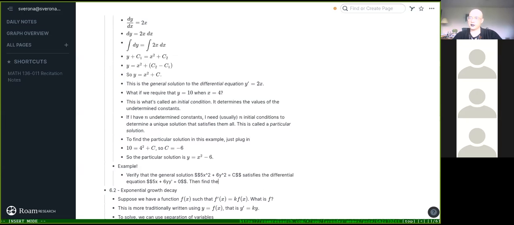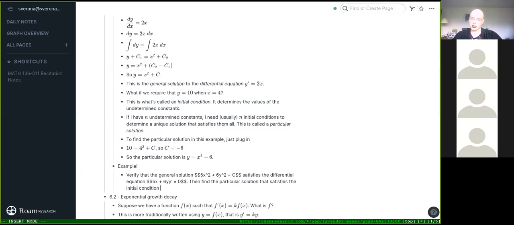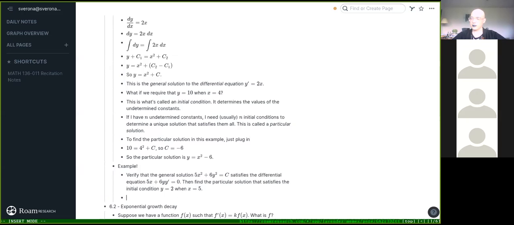Then find the particular solution that satisfies the initial condition y equals 2 when x equals 5. So that looks like what that WebAssign question is saying.